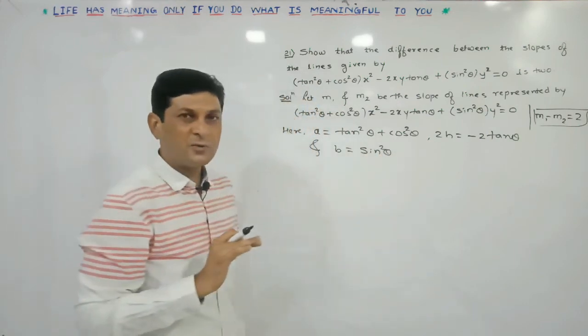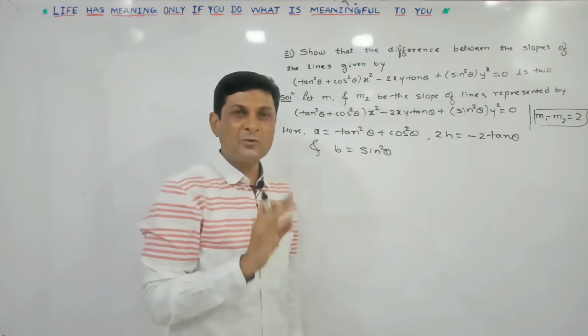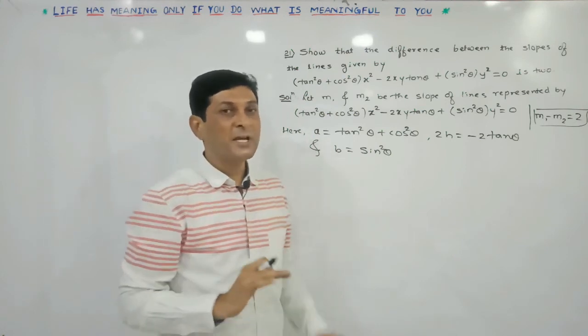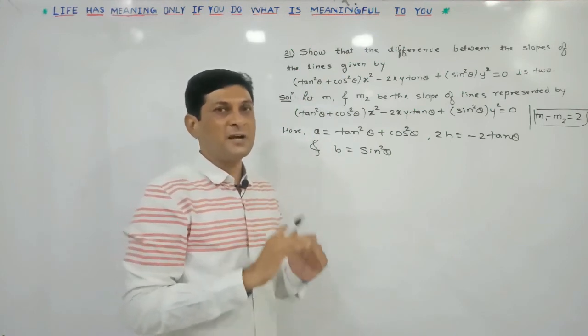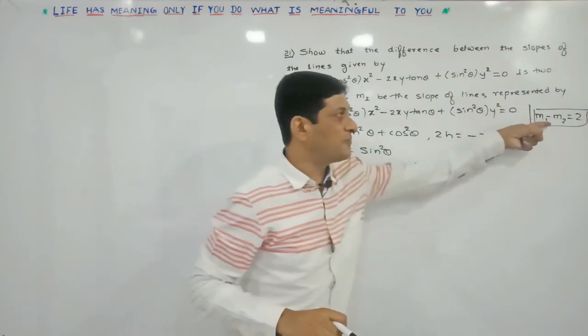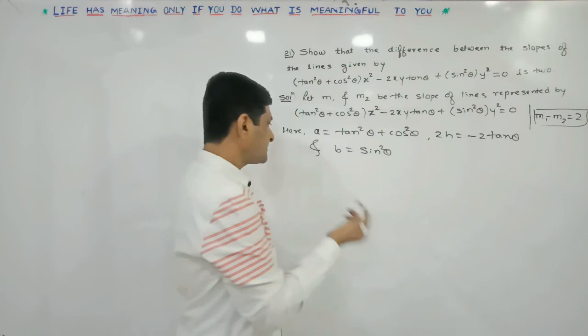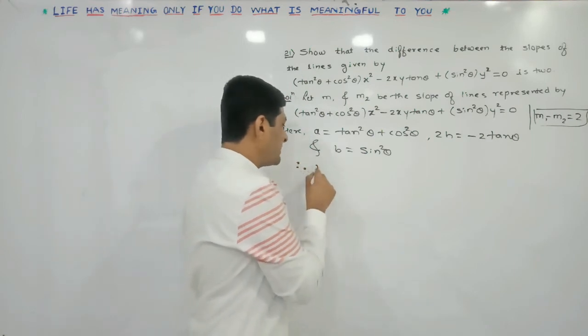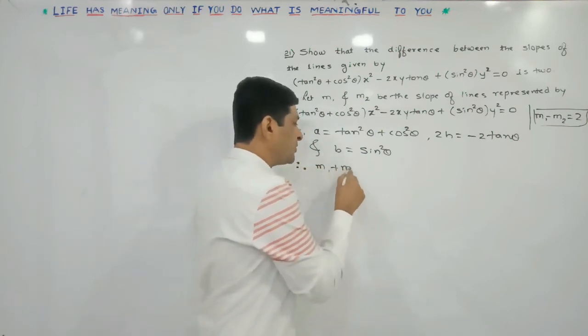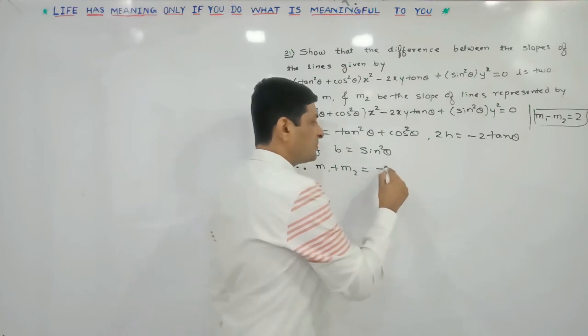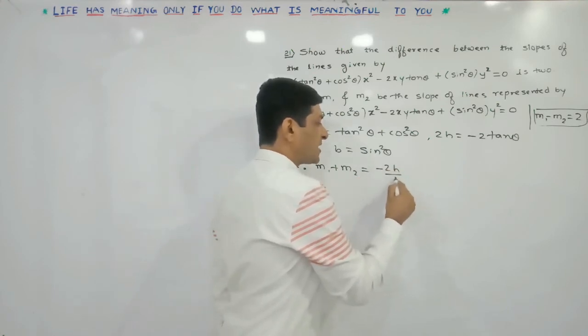Once these values are known to us, we will find the sum of slopes and the product of slopes. Using the sum and product, we will find the difference, that is, our required value. So here m1 plus m2 is the sum of slopes. The formula is minus 2h upon b.